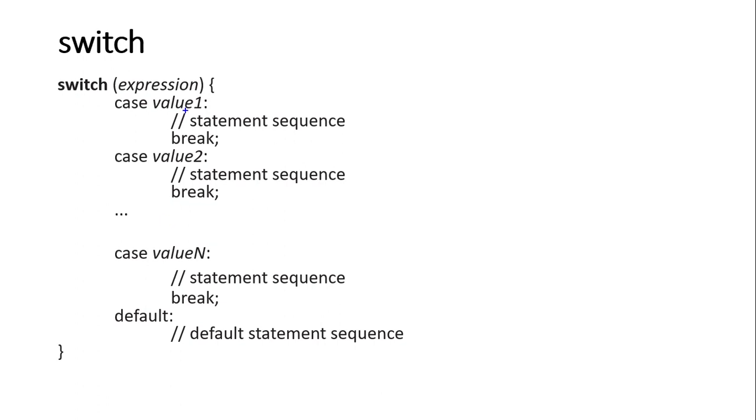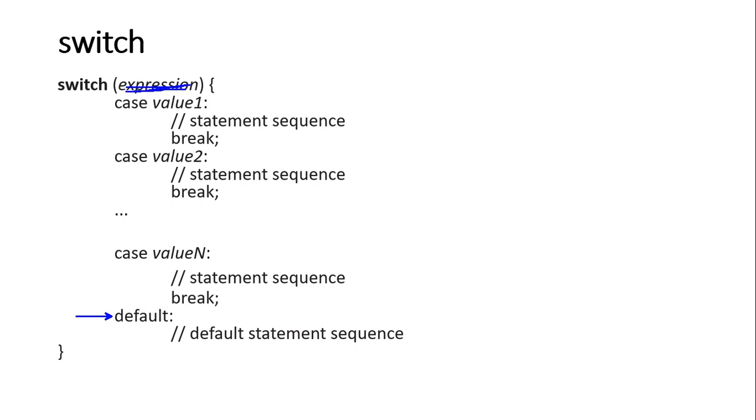There is one other special case in the switch, and that is called default. This is optional. Without writing this also, you can execute a switch statement. However, if you write this default statement, what will happen?